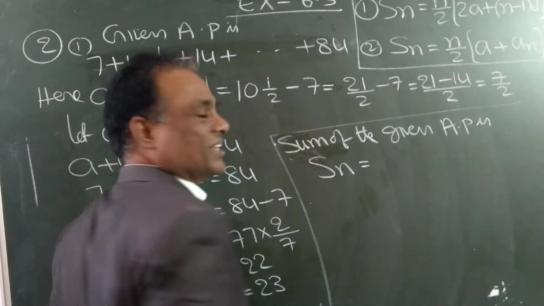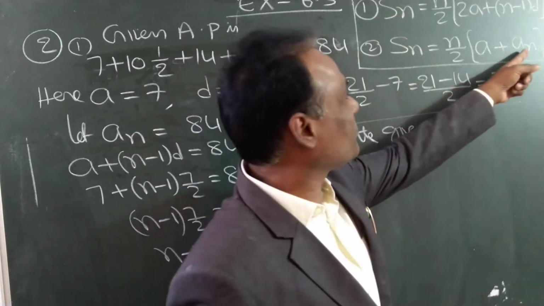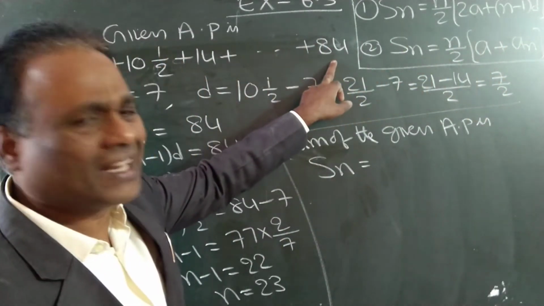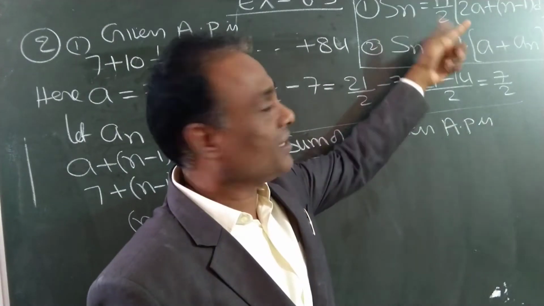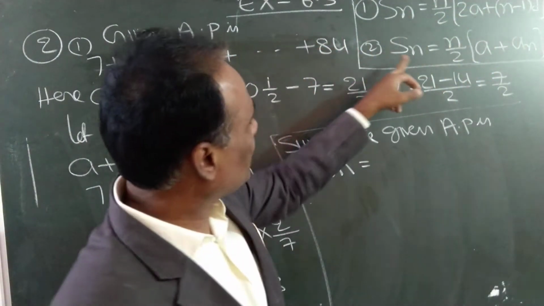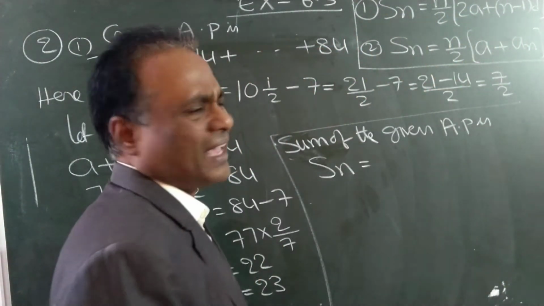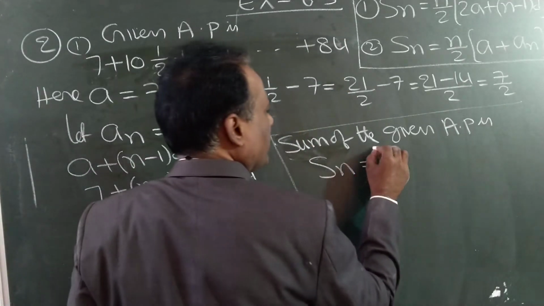Any formula you can use. Second formula also you can use because the last term is known. Generally last term will not be given. If the last term is not known, use the first formula. When the last term is given, this formula is simple, no? So we can use any formula for this.